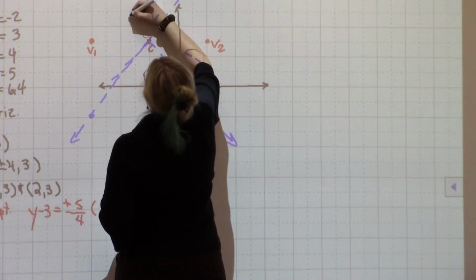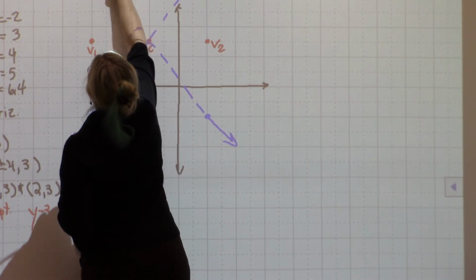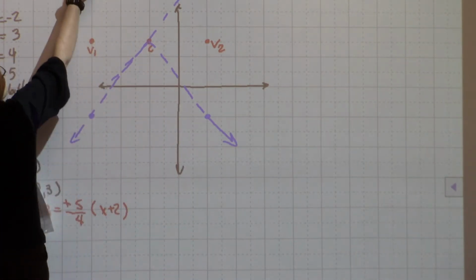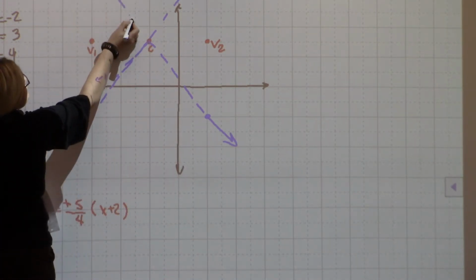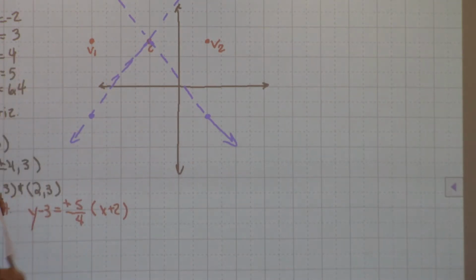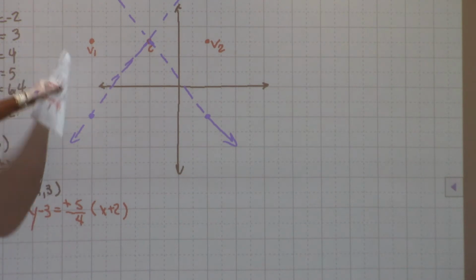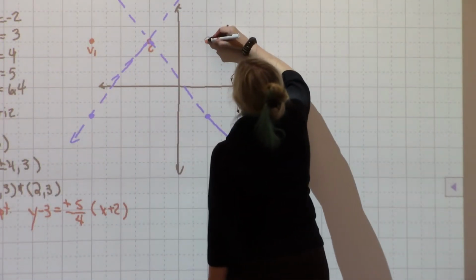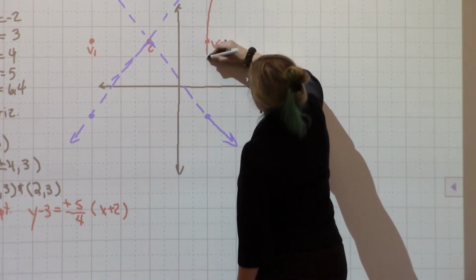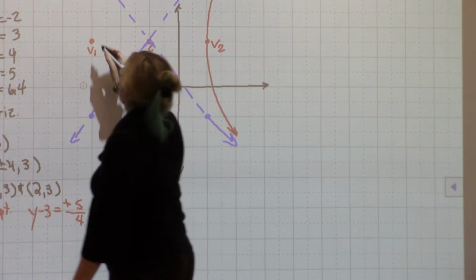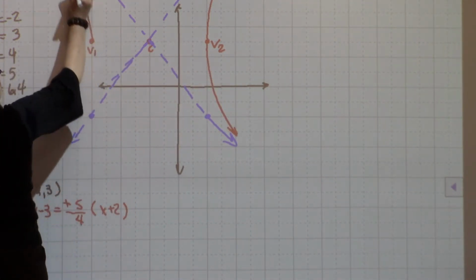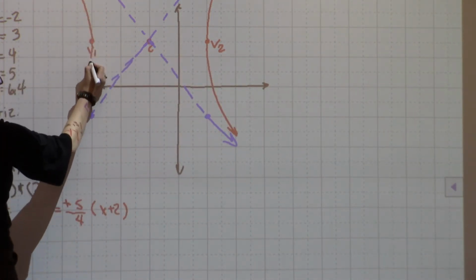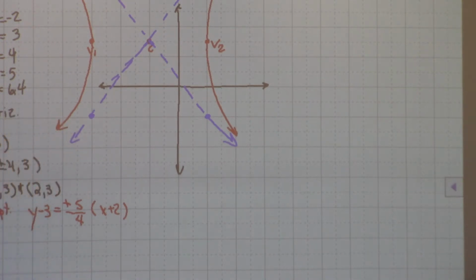It's harder to see across this big space with the shadows than you think. There we go. Okay. So can we draw in our hyperbola now? Yep, we can. The hyperbola is going to go from here forward. From here forward. There we go.